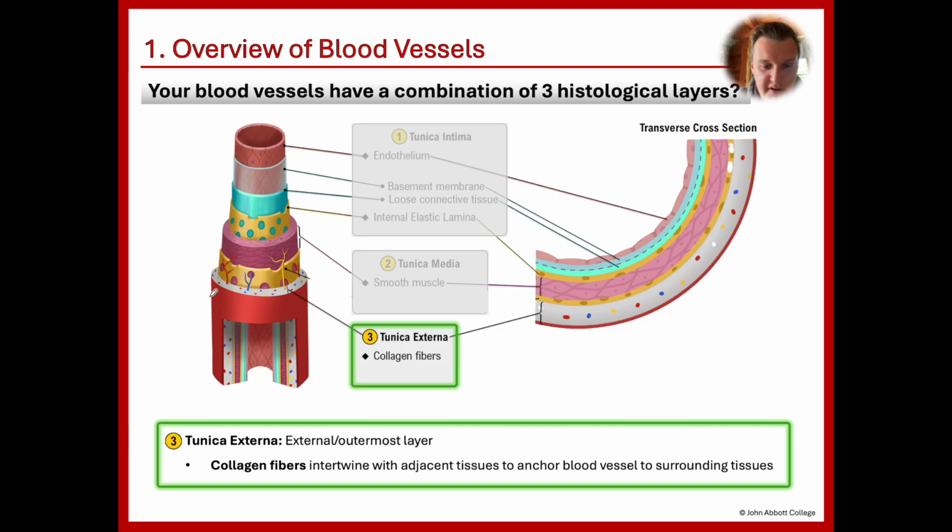This layer is made up of a lot of collagen fibers that intertwine together with other tissues around it, and it anchors the blood vessels to surrounding tissues, right? So this is where we anchor the blood vessel so it isn't wobbling in the body. It's anchored in some connective tissue around it. That's what's going to happen over here in the tunica externa.